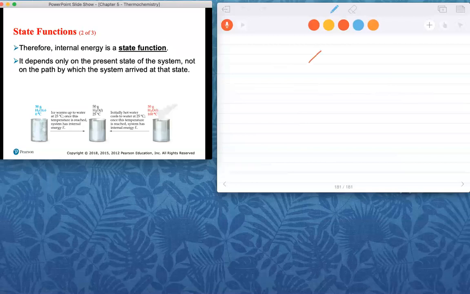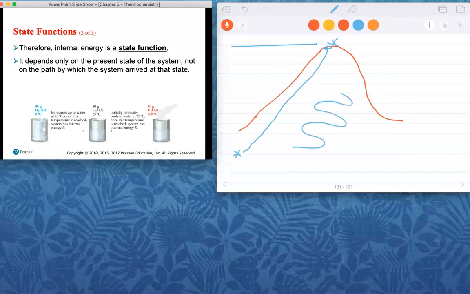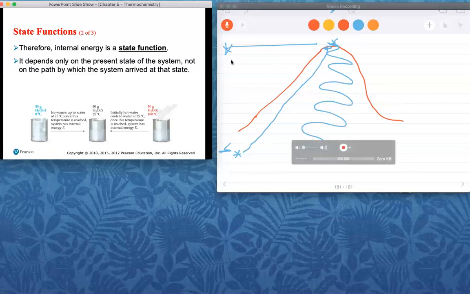A real example, if this is a mountain, and we want to get to the top right here, some people can start from here. I use elevation as an illustration. Some people can go this way and they get right there. Some people can go this way. It does not really matter how you end up. At the end of the day, the elevation from sea level to the high level right there determines how high you are when you are at the top.